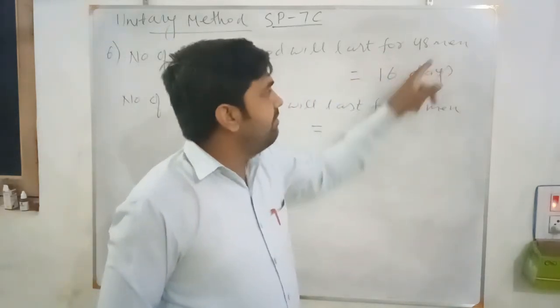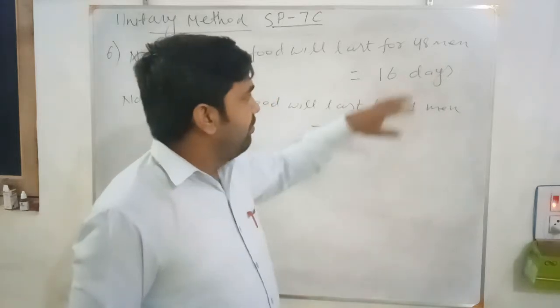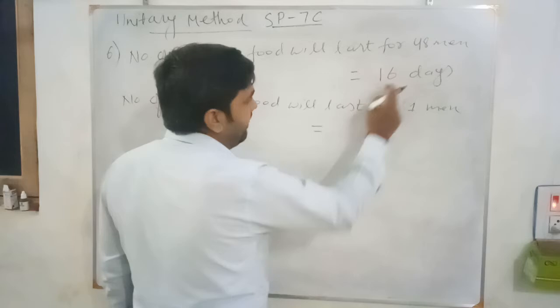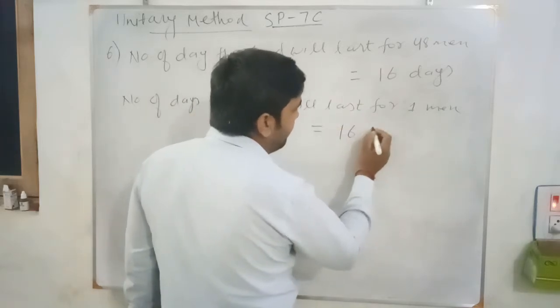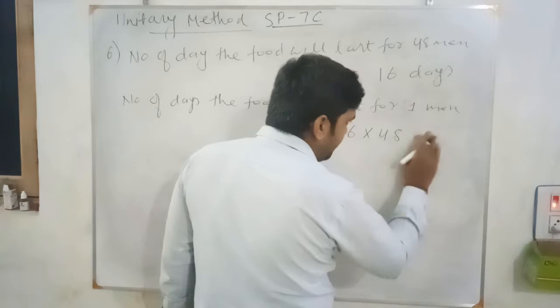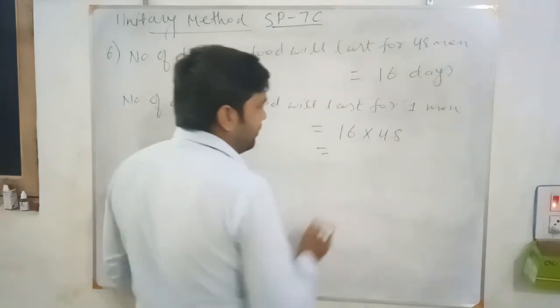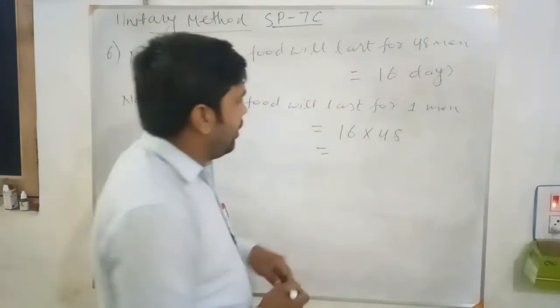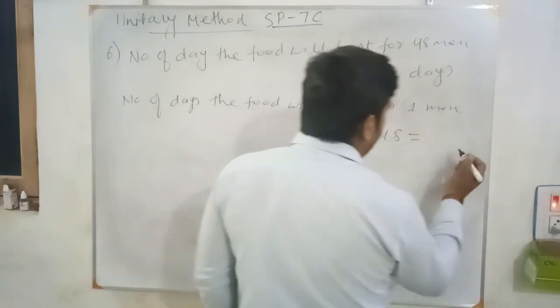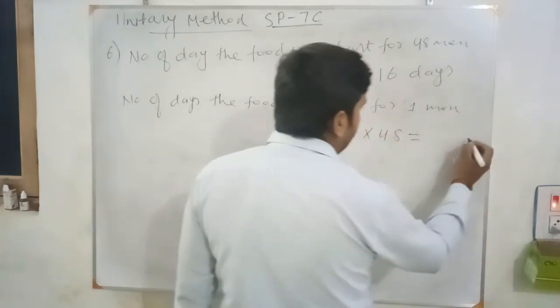But one man can survive more number of days. So for more number of days we have to multiply this number. So 48 men survive 16 days, so one man will survive 16 into 48 days. So we multiply it and we will get the value. 16 into 48 is 768.